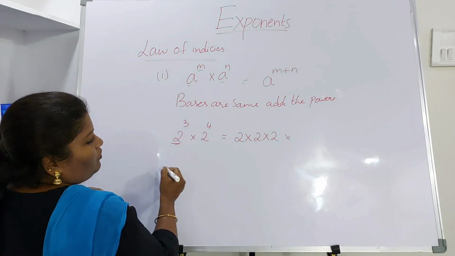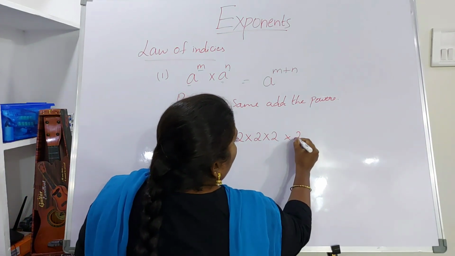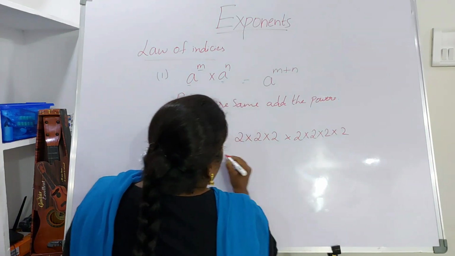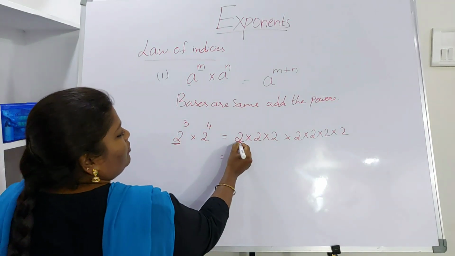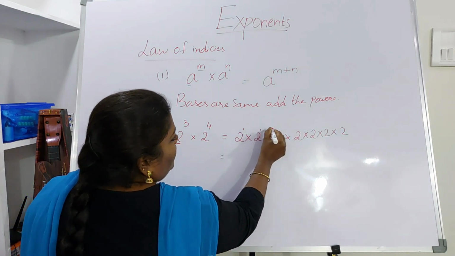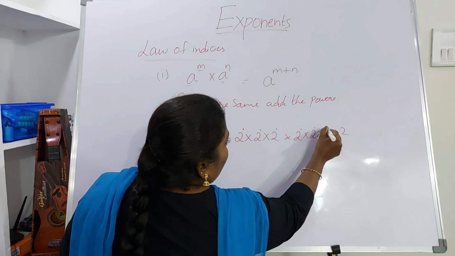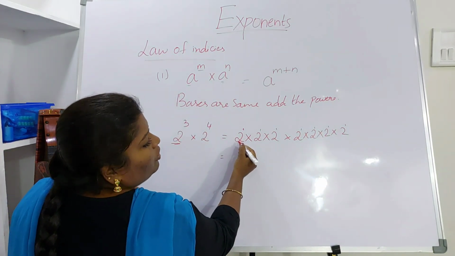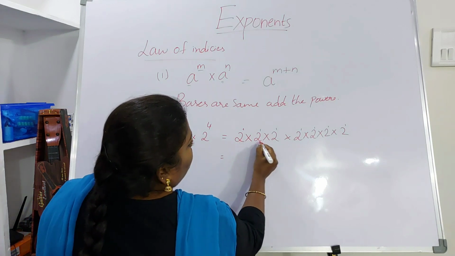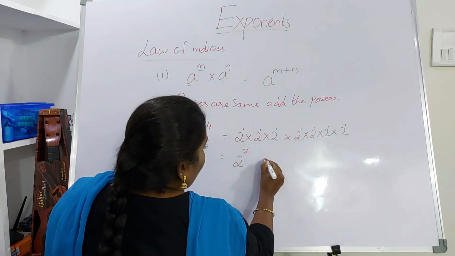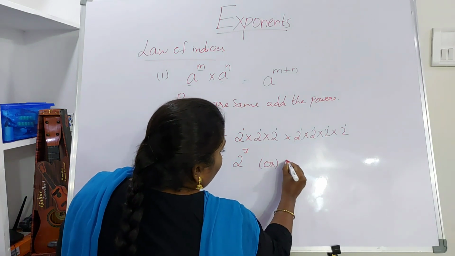Now 2 to the power of 4 is nothing but 2 multiplied 4 times. You can even count how many 2's there are: 1, 2, 3, 4, 5, 6, 7. So 2 to the power of 7.